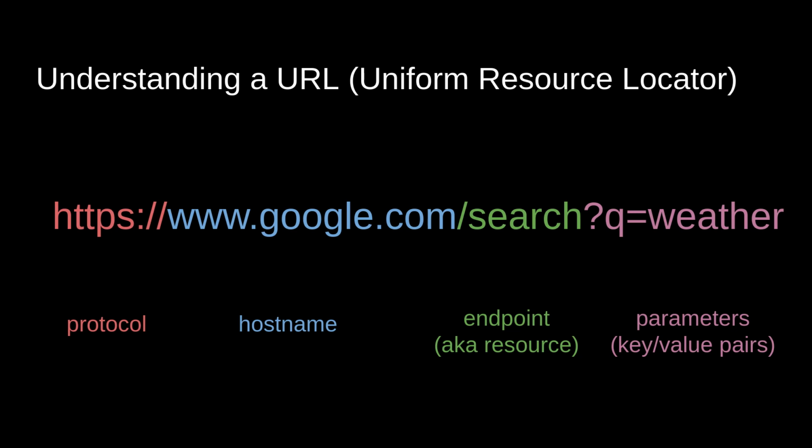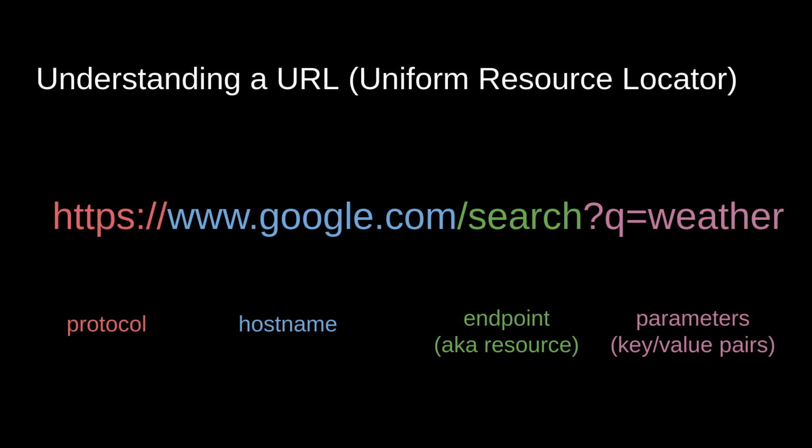Host name's google.com in blue, and then the slash after the host name is basically the endpoint or the resource, and there can be multiple slashes, but in this case we're just accessing the search resource of Google, and then separated from the endpoint is a question mark, and after the question mark comes parameters, which are key value pairs separated by an equal sign. So in this case, the parameters that we are sending to the search endpoint is Q, and Q equals weather.